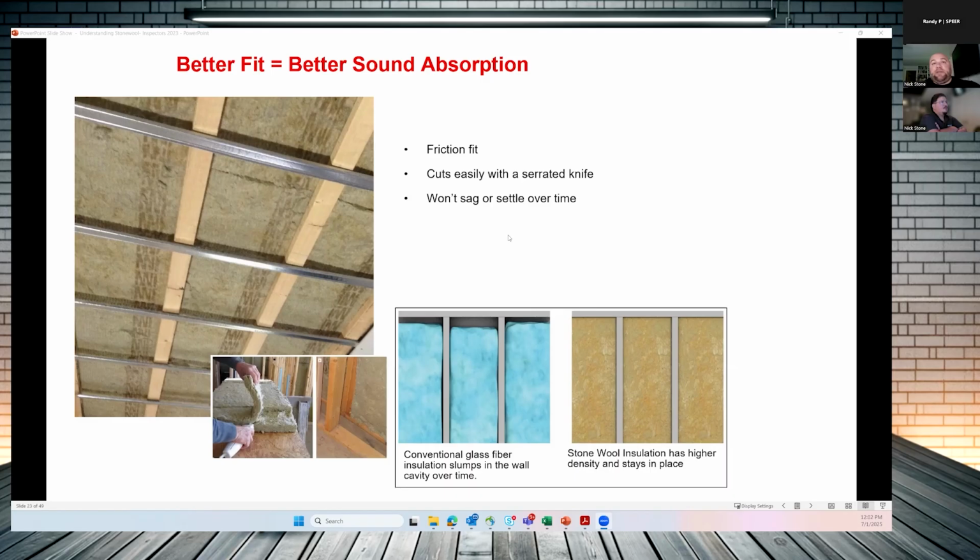The other aspect to think about is longevity. This picture on the left here, kind of in the middle actually, is a pretty good example of how fiberglass performs over time. Over time, it likes to settle within the wall cavity. Now, this is because it has that lower density of material.